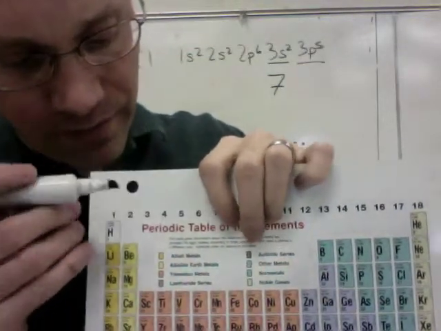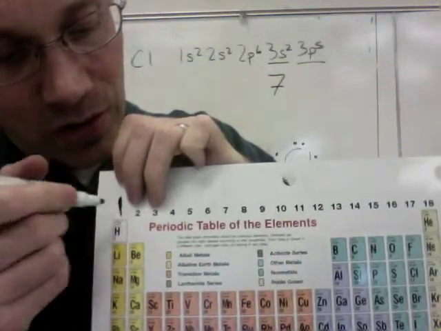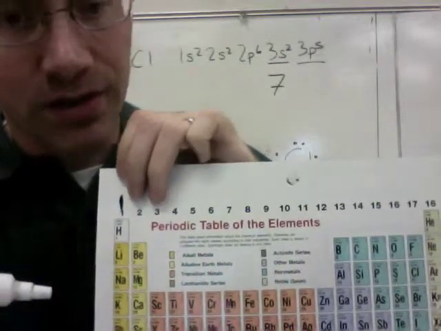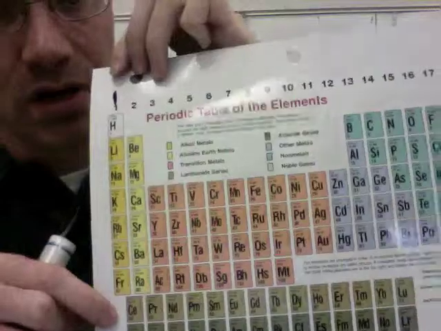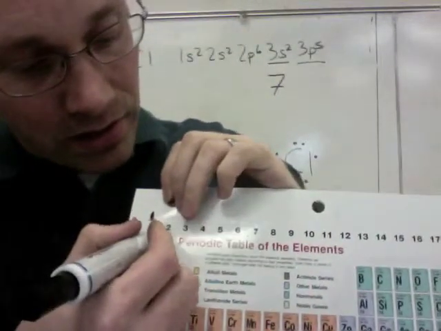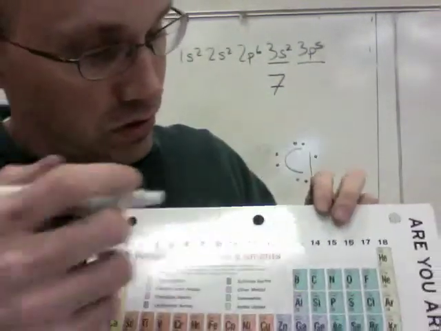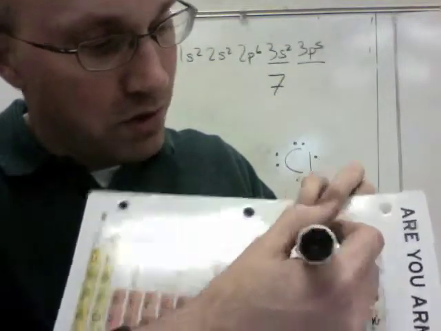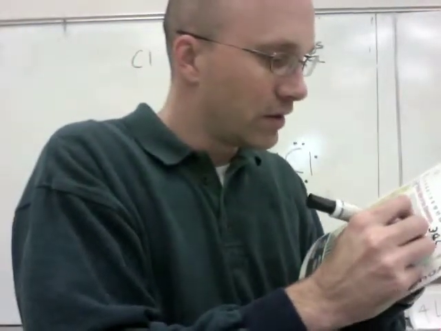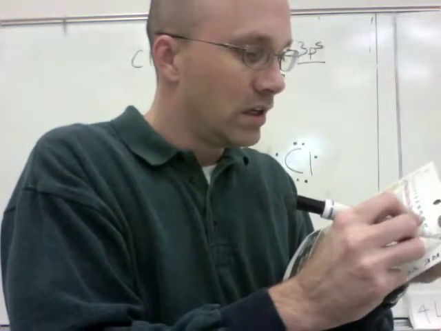Remember when we were doing the electron configurations, we said that there were some patterns in the periodic table. What I'm going to tell you is that everything in this first column here is going to have 1 dot. The second column is going to have 2. The boron column 3, the carbon column 4. Let me finish it out. 5, 6, 7, and 8.